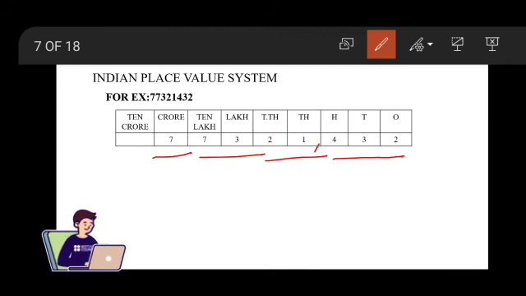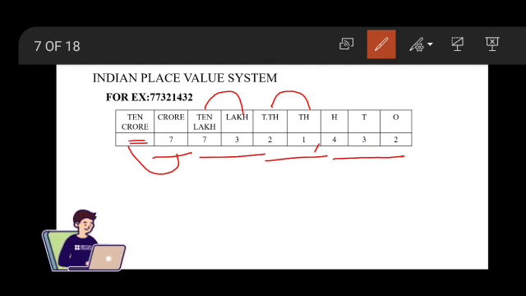Now let's group them according to their place value. First, what we have to do? We have to group them according to their place value, like 1000 and 10,000 in one period, lakh and 10 lakh in one period, crore and 10 crore in one period. So here there is no number in 10 crore.